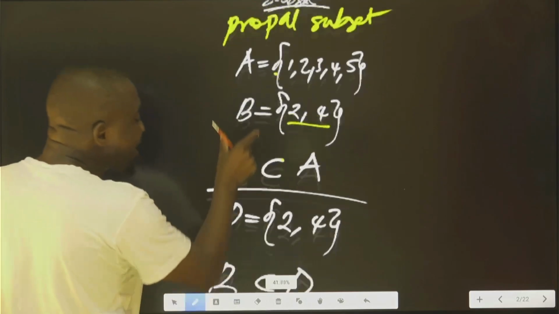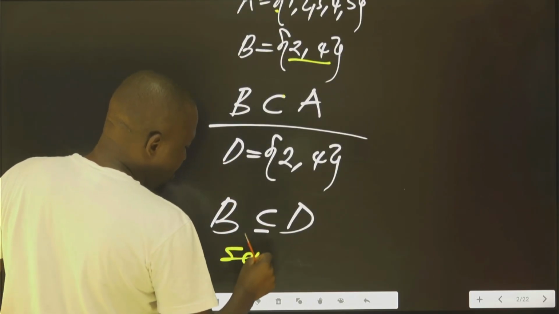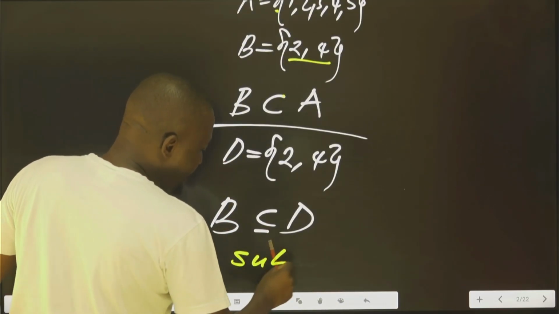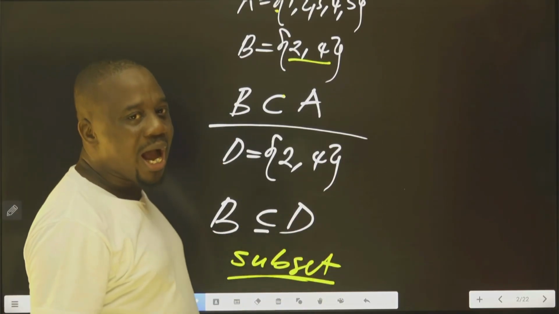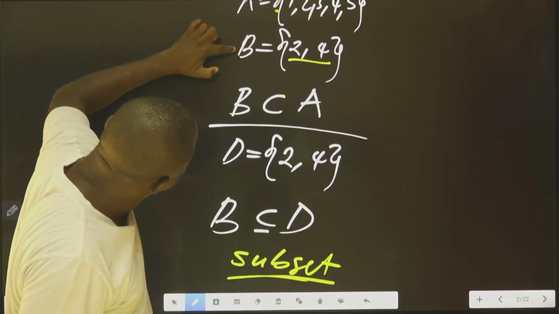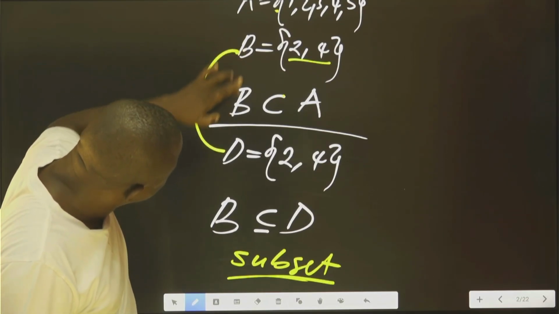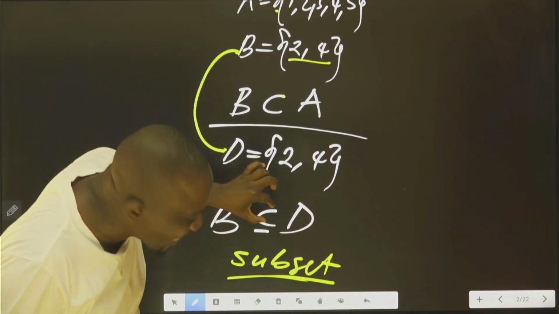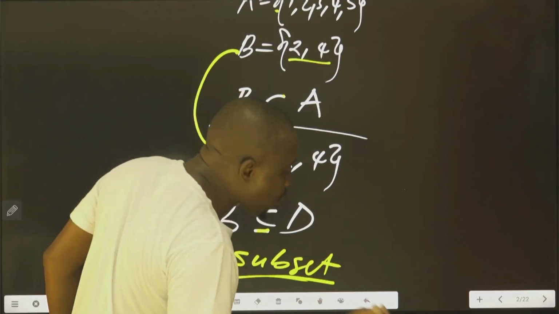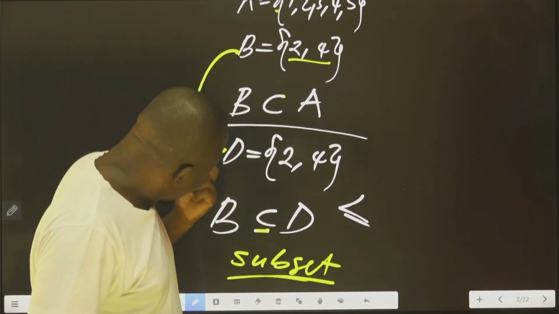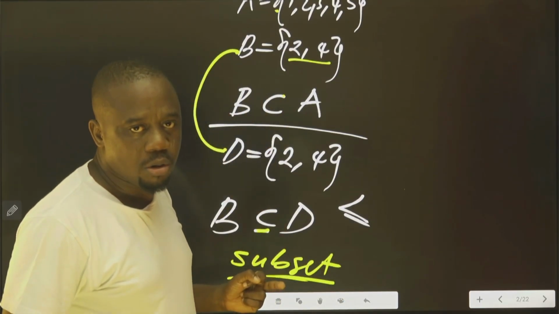Okay? Why is this one just a subset? As you can see, this one is what? Less than or equal. Actually, this B is not less than D. So this upper side is what? Is a loss. But this one means equal. It's like we are saying less than or equal to. This is not less than, but they are equal.